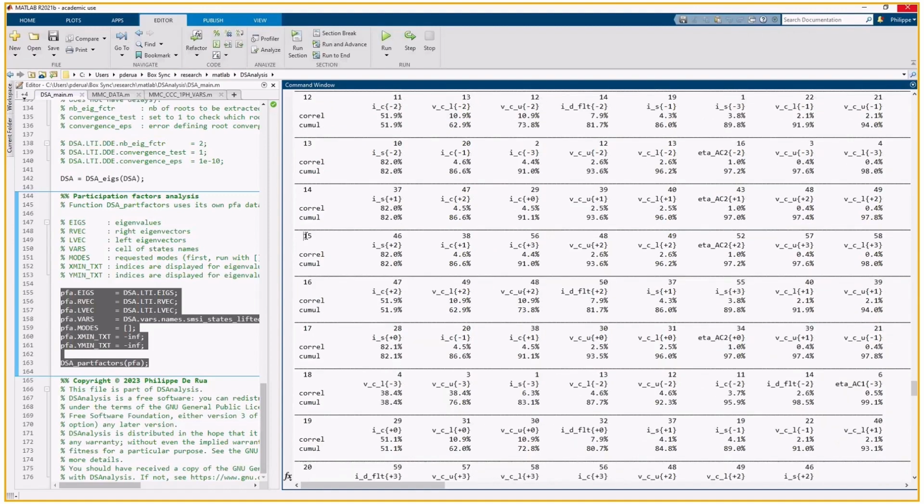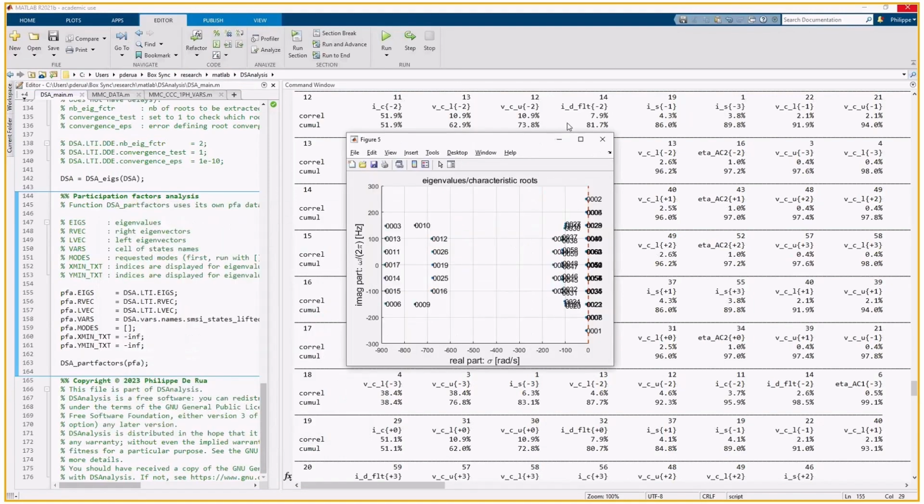For mode number 15, there are multiple states that participate in it, and I see that the main state that participates in mode 15 is the second harmonic, or the second Fourier coefficient, of the alternating current for 82%.